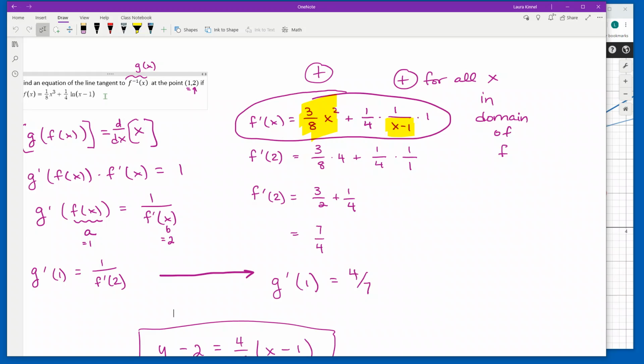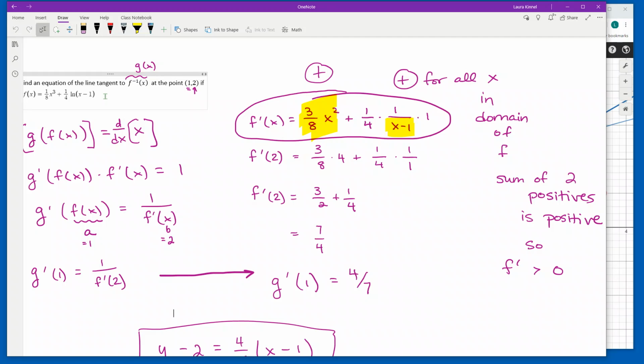So we have a positive number plus a positive number. The sum of two positives is always positive. So f prime is greater than 0 for all numbers in the domain of f.